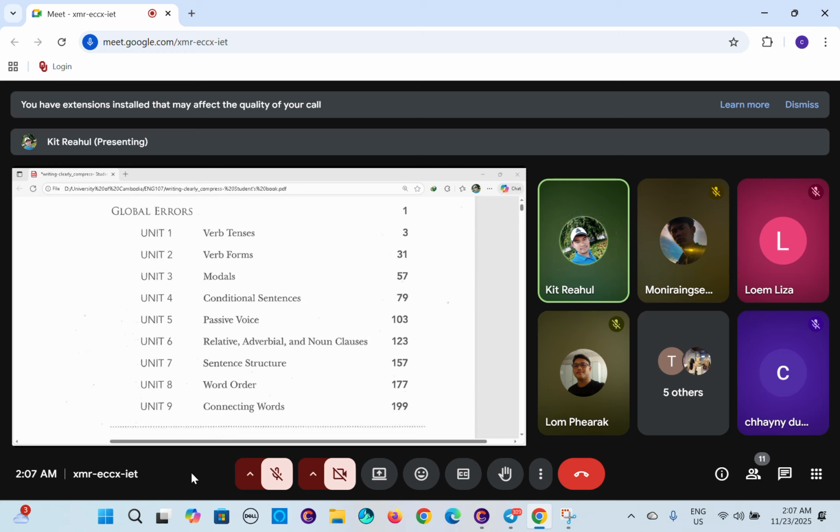We use modals only for the attitude or opinion of the speaker, to express our opinion or attitude with the verb. So modals are not used for facts.